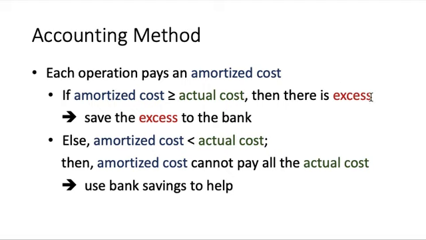So there will be excess and we are going to save the excess to the bank. On the other hand, if the amortized cost is less than the actual cost, then the amortized cost cannot pay all the actual costs. What we are going to do here is use the bank savings to help pay for the actual cost.